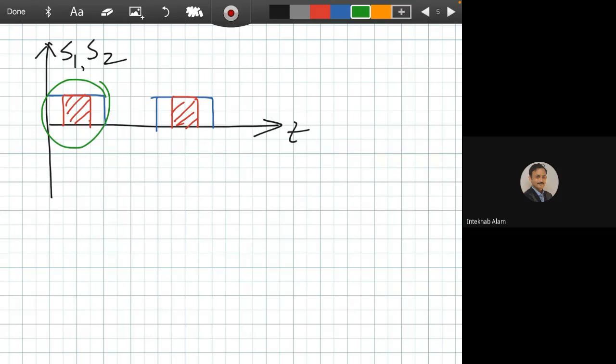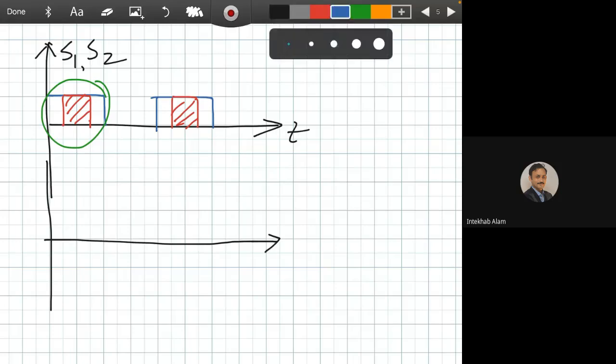Okay, but we can change it in a different way also. Rather than giving only a single pulse, we can give a pulse like this.